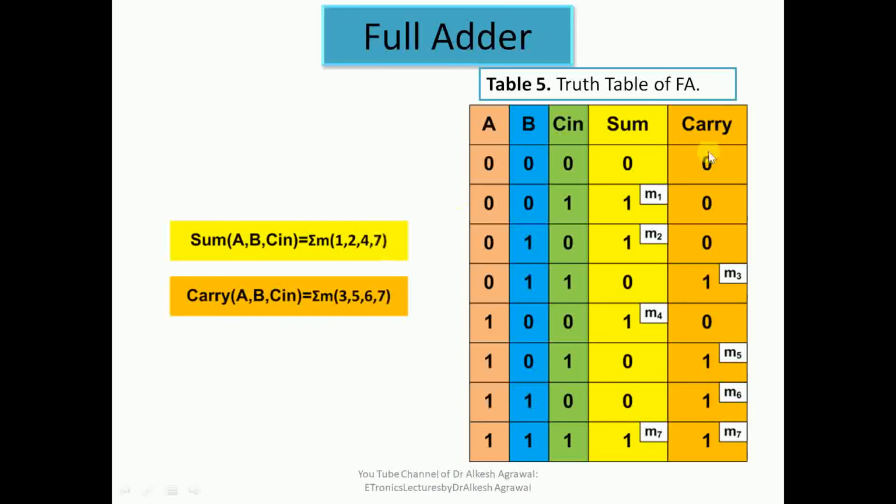And for carry we have output for M3, M5, M6 and M7. So we get carry output as a function of A, B, C in as summation M 3, 5, 6, 7. Now by these two Boolean functions, we will be able to design a full adder, which is very important. These two Boolean functions are generated from this truth table.